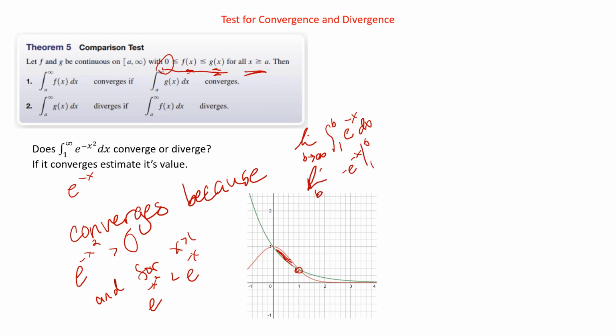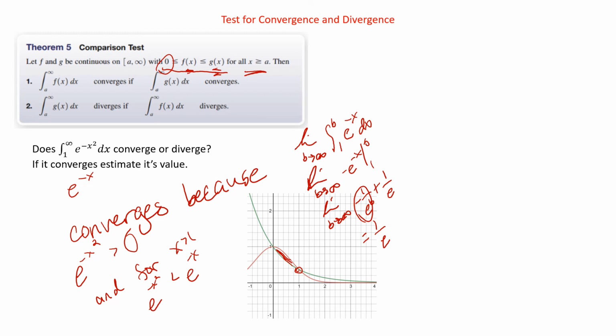Plug it in, and we'd have the limit as b goes to infinity of negative 1 over e to the b, minus negative, so plus, e to the negative 1. As b goes to infinity, this one goes to 0, so we're left with just 1 over e, which is a value, so that converges.